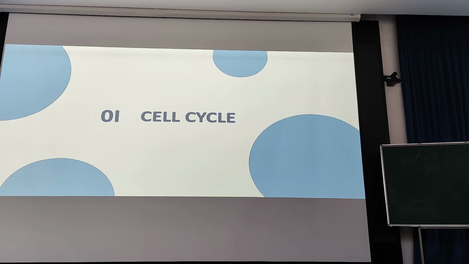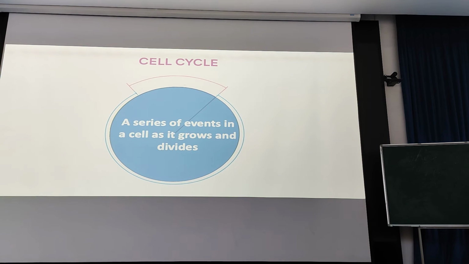Before understanding what mitosis is, we have to know what the cell cycle is. So the cell cycle is a series of events that take place in a cell as it grows and divides.